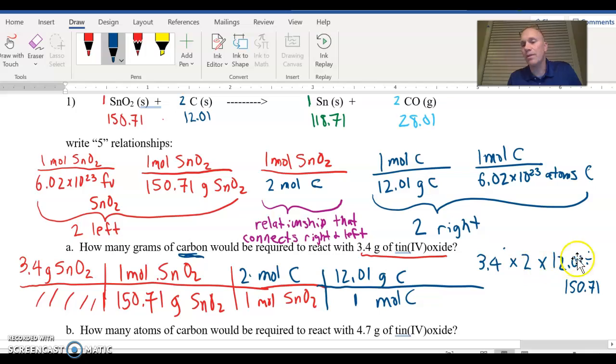Notice the way I'm writing this, I'm doing the old divide by symbol. When people are putting their numbers into their calculator, this gives you the order that you can do so that it works. Put those numbers into your calculator and it should give you the right answer. We'll do the next question in the following video.